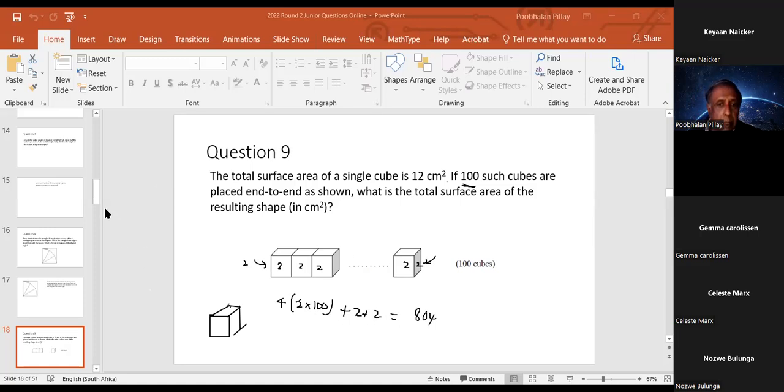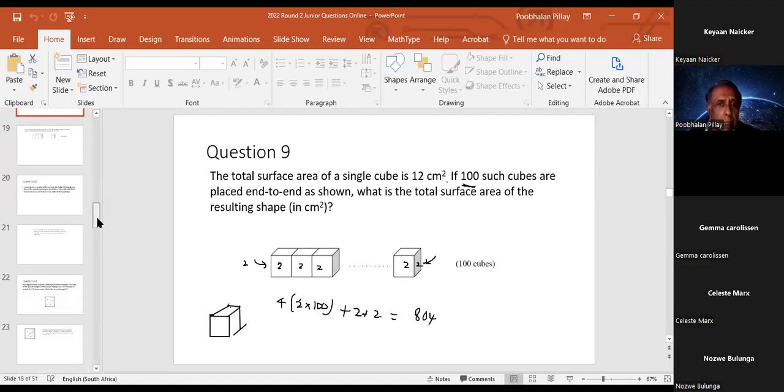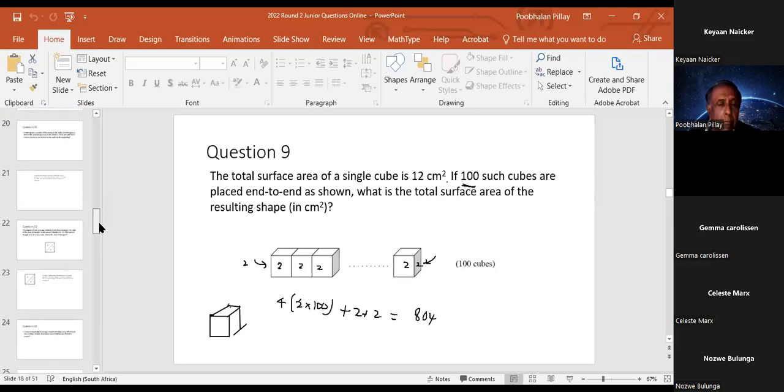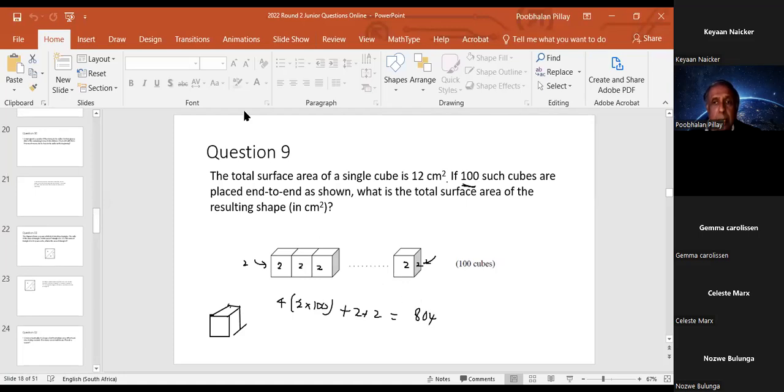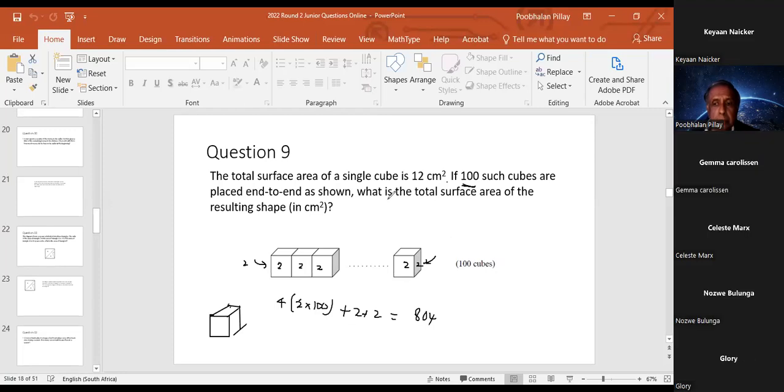Okay. The answer is 804 square centimeters. Area is always square centimeters. So that's the answer. Okay, so the next problem is going to be question 10.